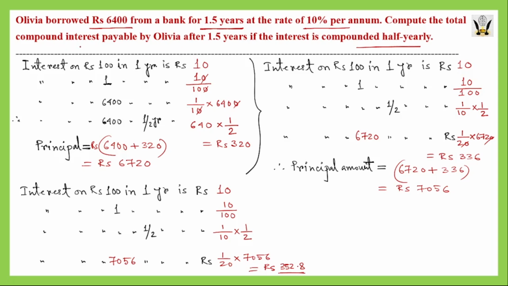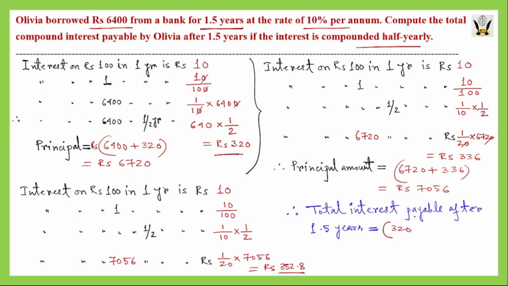So this is the interest in the last 6 months, and what we wanted to find is the total compound interest payable by Olivia after 1.5 years. So that means the total compound interest payable by Olivia after 1.5 years will be: in the first 6 months she pays this much interest, and that is rupees 320, and then in the following 6 months she pays 336 as interest, so that will be added, and then in the last 6 months she pays 352.8 as interest.